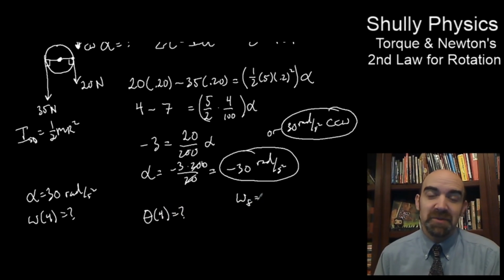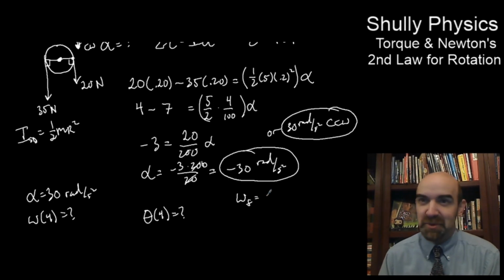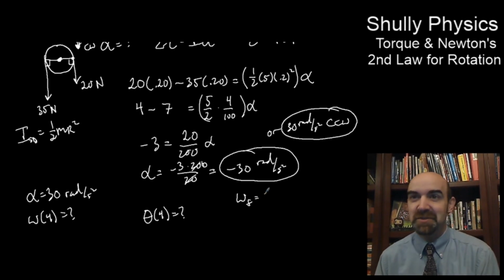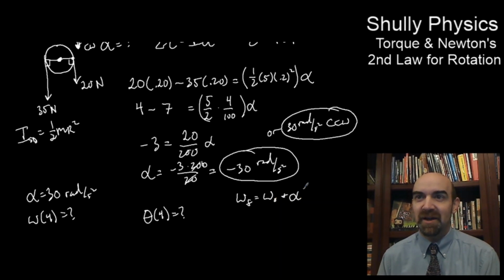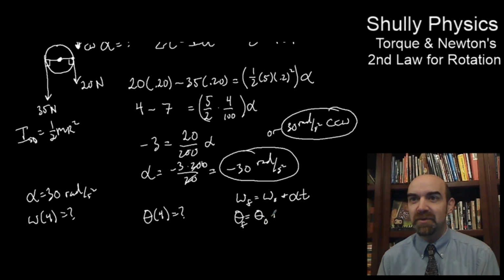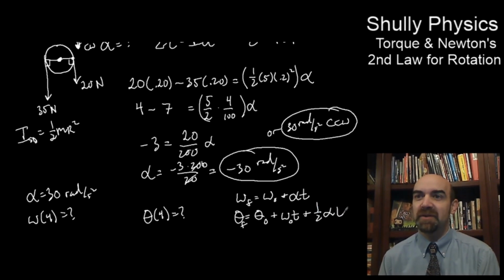the equations of rotational motion are just like the equations of translational motion. Omega final equals omega initial plus alpha t. And we also have theta final equals theta initial plus omega initial t plus 1/2 alpha t squared.